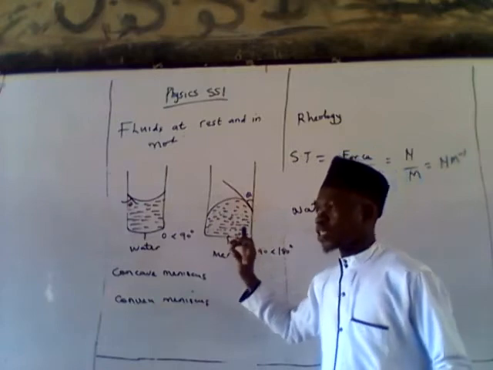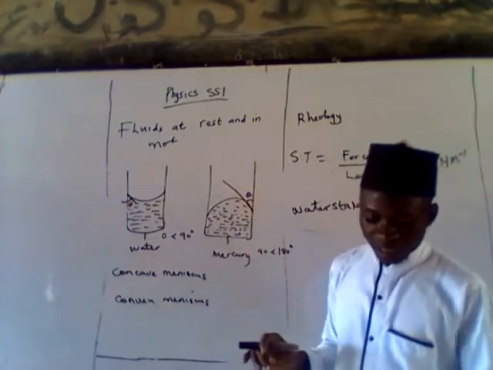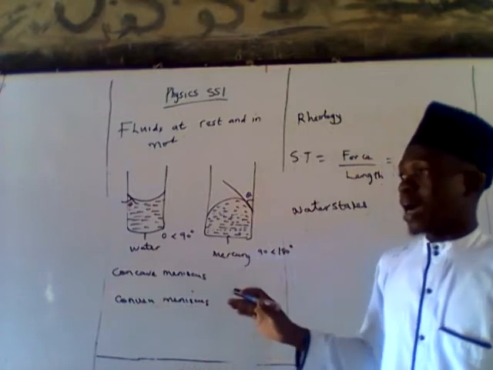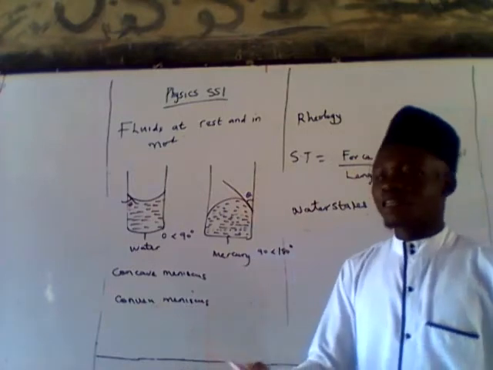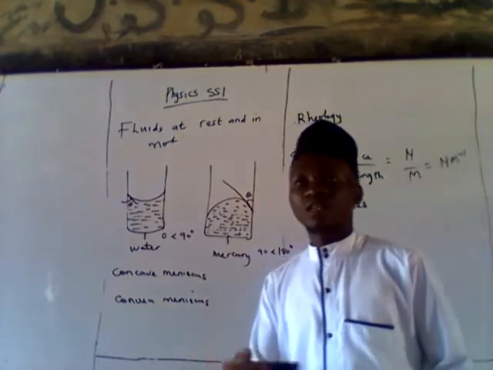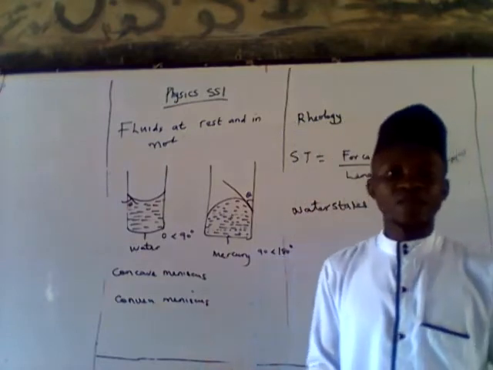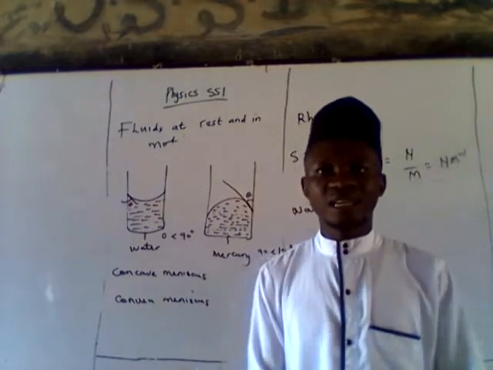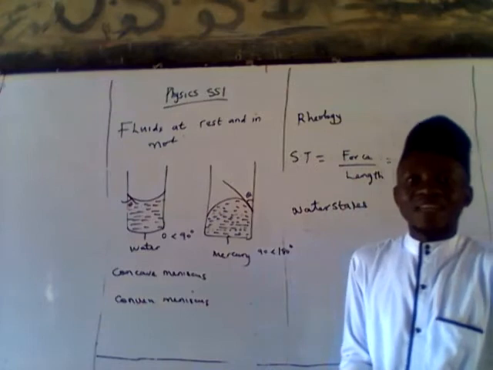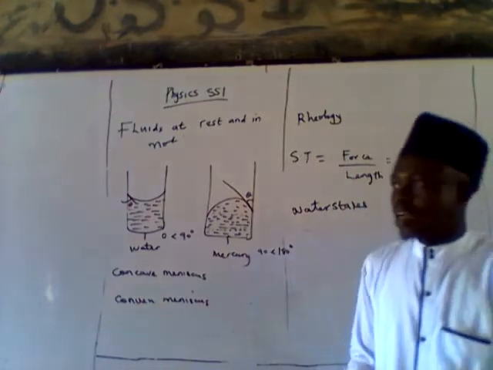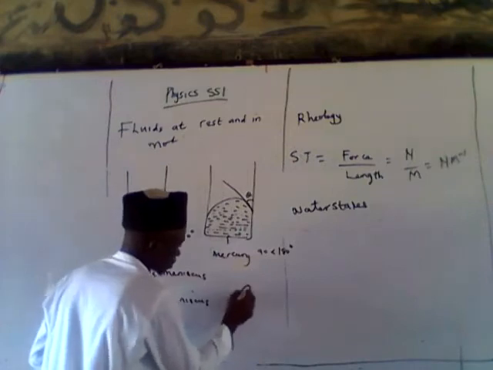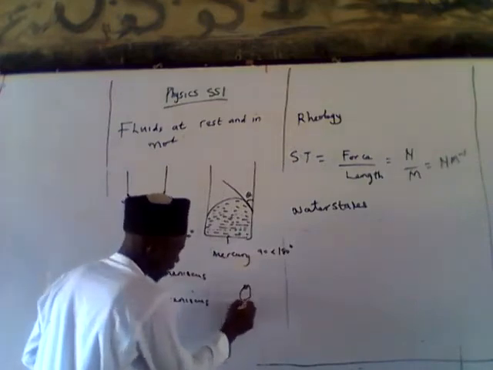So mind you, as we have stated, surface tension can be termed as the tension, that is the force acting on a liquid to make it behave as an elastic skin. That is, you will see that it forms as if an elastic layer. Once you gradually open a tap, water will be forming like this.